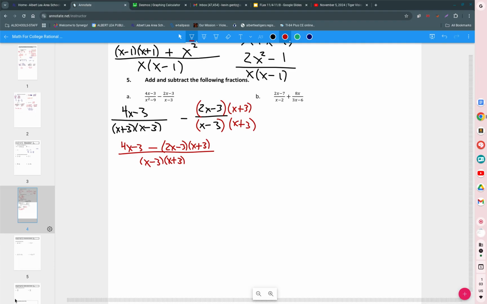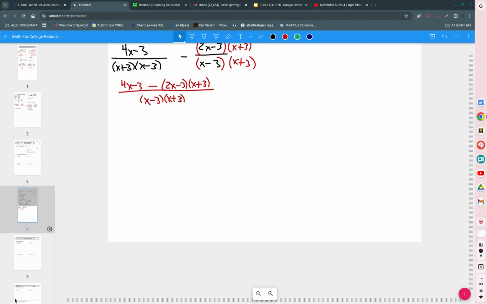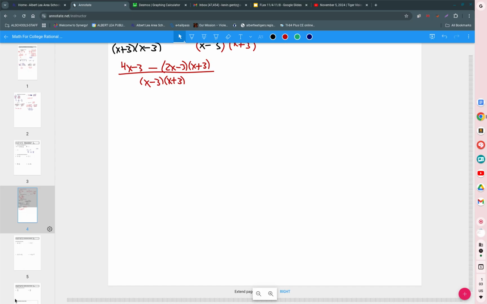In order to simplify this, I'm going to need to combine anything together in the numerator that I can. So I'm going to have to multiply this out. Okay? I start with a 4x minus 3. And I'm going to subtract everything that comes out from multiplying. And as we multiply this out, we get a 2x squared to start.